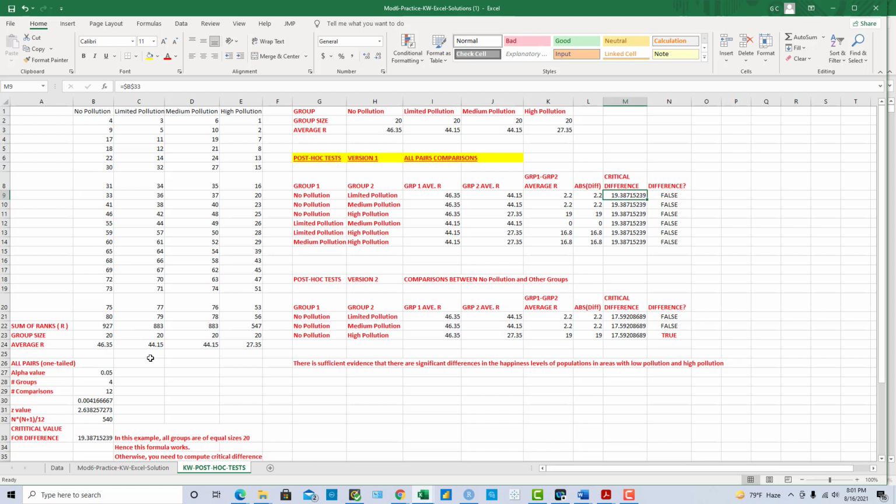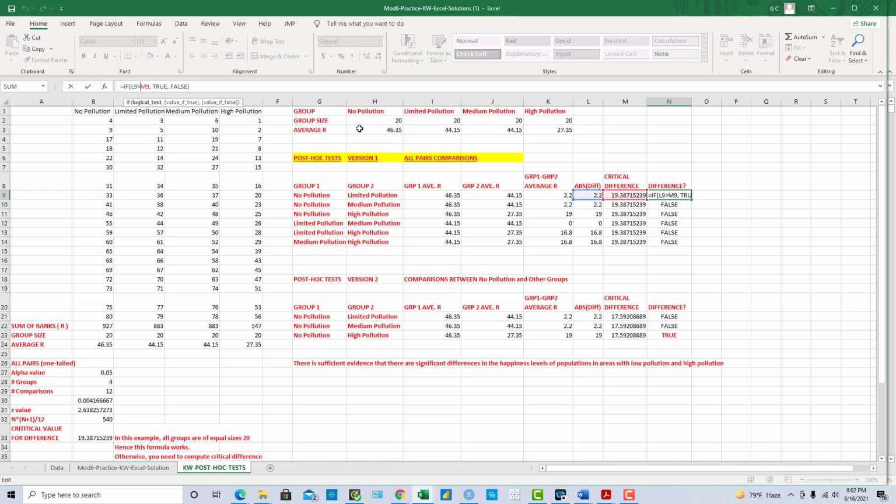Then the critical difference is what we computed in B33 by looking at 0.05, the number of comparisons, and all this formula. So that is what is replicated here. We compare the difference and the critical difference using this formula, right?